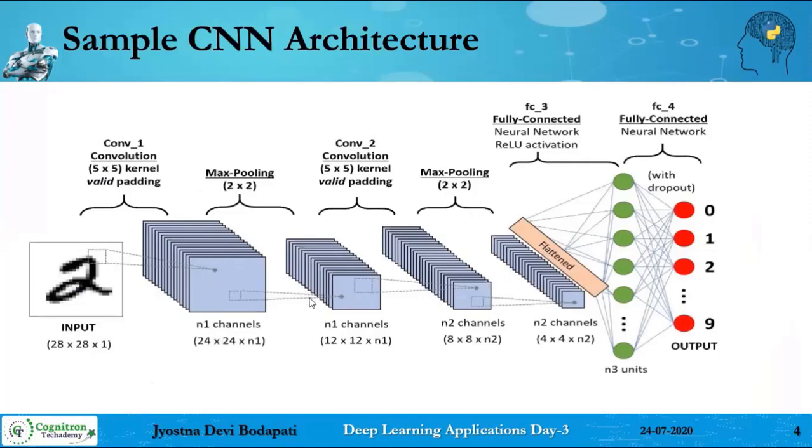You can have any number of such convolution blocks. Here I am having the first convolution block and the second convolution block. This is how you can stack any number of convolution blocks, and each convolution block is a combination of a convolution layer and a max pooling layer.